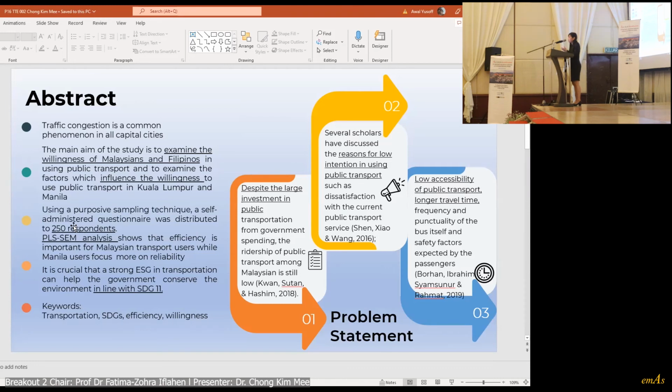The reasons for the low intention to use public transport can be dissatisfaction with the current service, or low accessibility and longer travel time, especially compared with taking a Grab or using the MRT. So we're looking into which would take a shorter time.